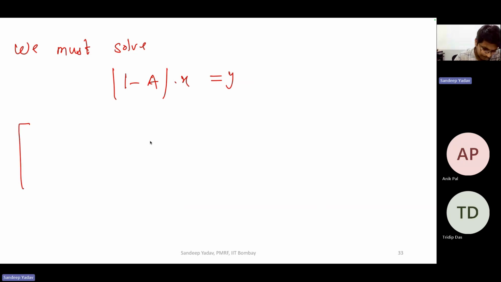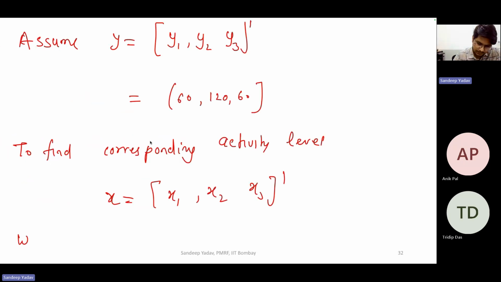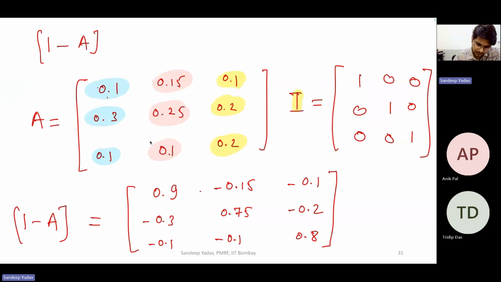We have just calculated I minus A: 0.9, minus 0.15, minus 0.1, and so on. I just copy it here and paste it.